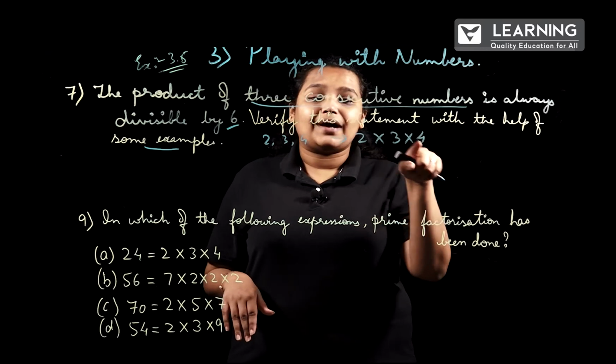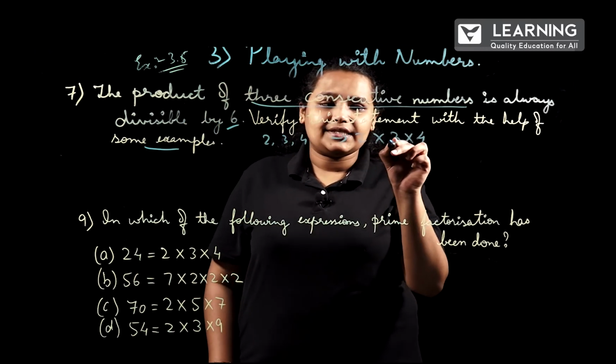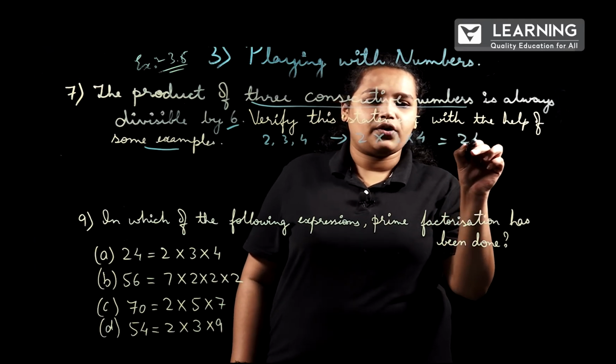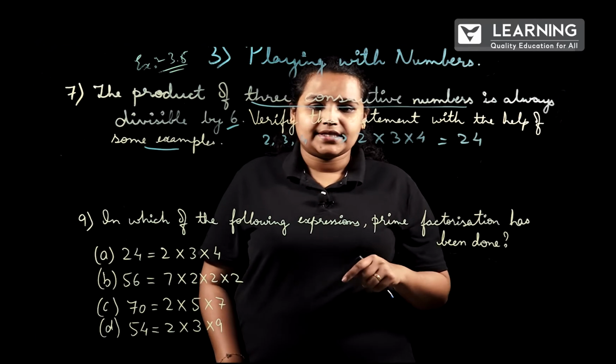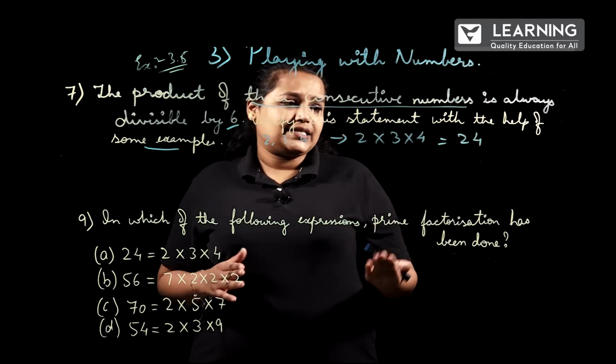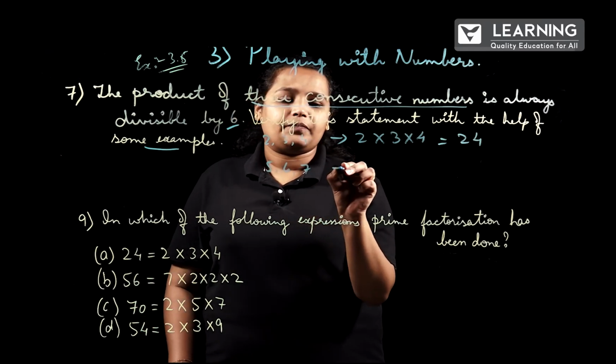Why am I multiplying? Because they have asked about the product. 2 3s are 6, 6 4s are 24. And yes, 24 is divisible by 6. So the next example which I will be taking is 5, 6 and 7.